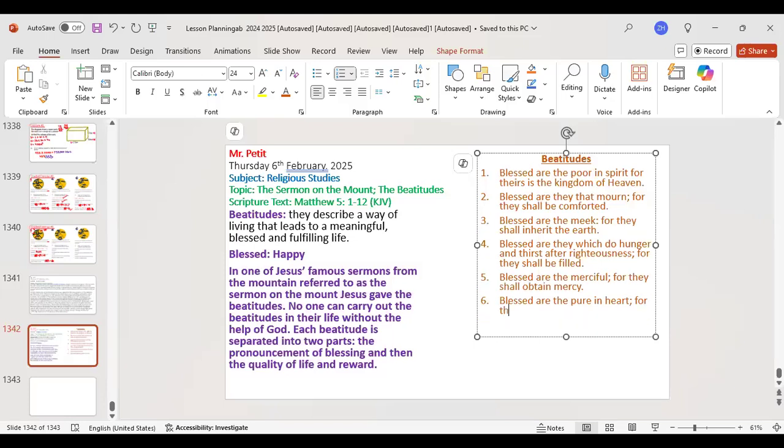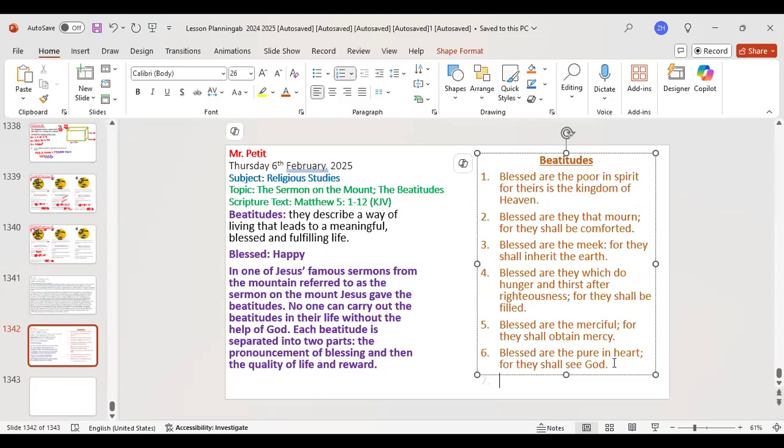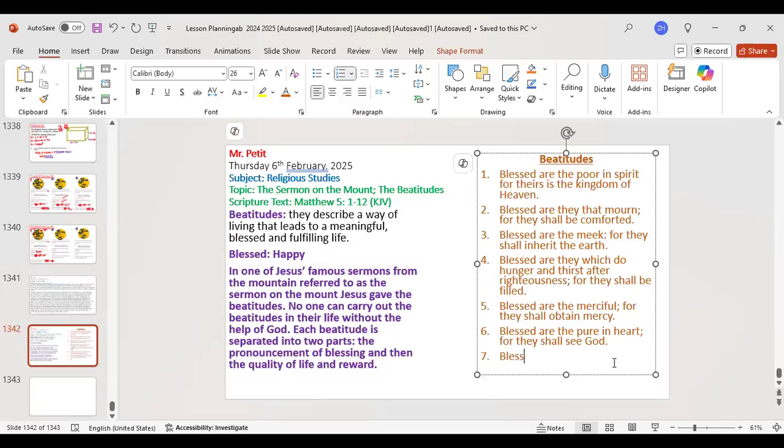For they shall see God. Number seven, blessed are the peacemakers.